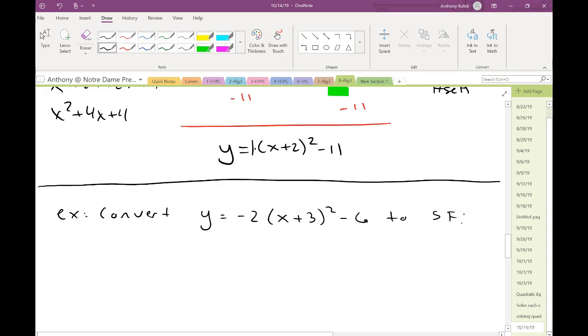Okay. Let's say I asked you to convert y equals negative 2(x plus 3) squared minus 6 to standard form. First thing we'd want to do is identify what situation we're currently in. So if I look at that, what form is that in?